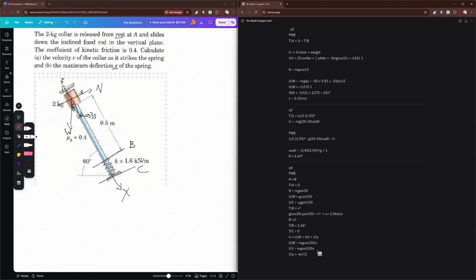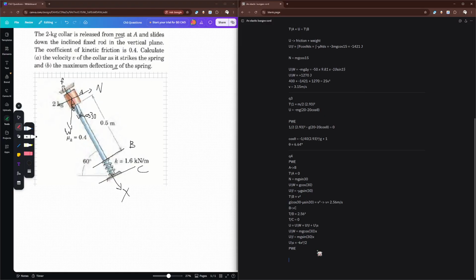Now we just need to use, again, our principle of work and energy, putting that together. So we'll have 2.56 squared. I forgot about this thing. 2.56 squared plus mg cosine 30 x minus this term, because the friction is negative, minus this term, and then minus kx squared over 2.